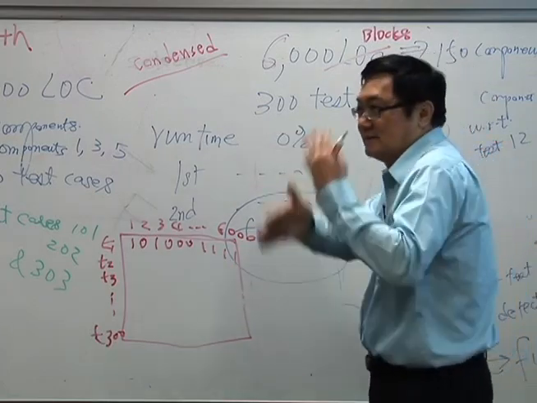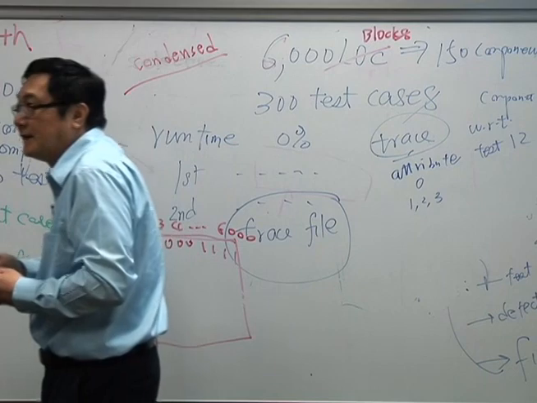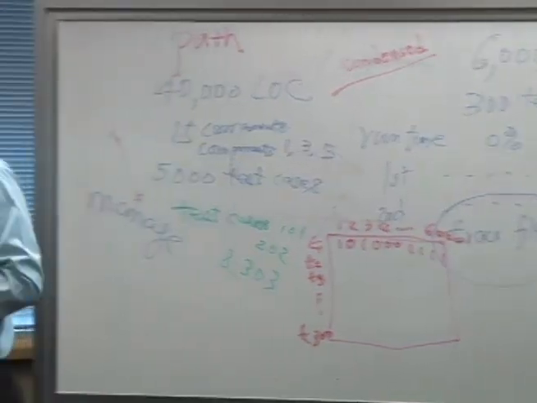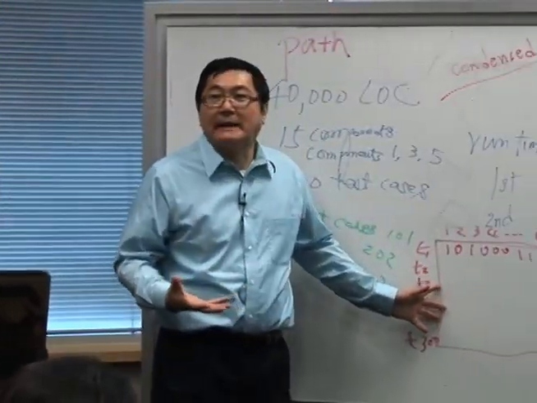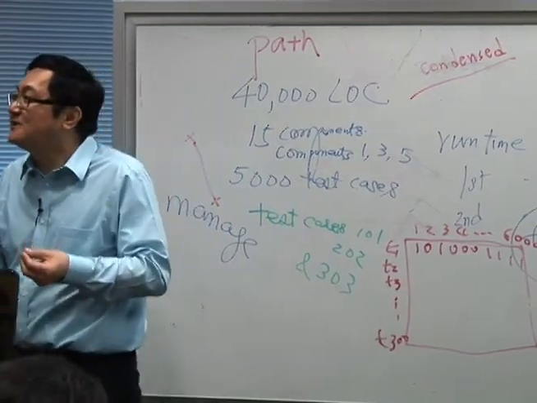I can slice the data any way I want, horizontally, vertically. I don't want to use this big two-dimensional array, but I still want to keep this efficiency. Coverage with respect to the first test case, take it out. Coverage only for the third column, take it out.